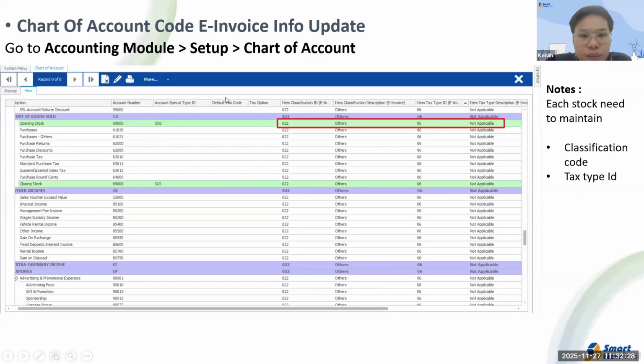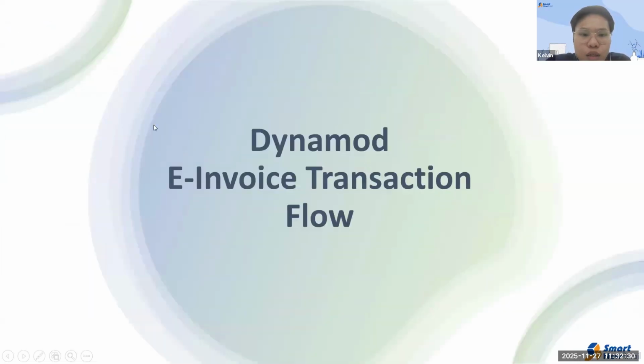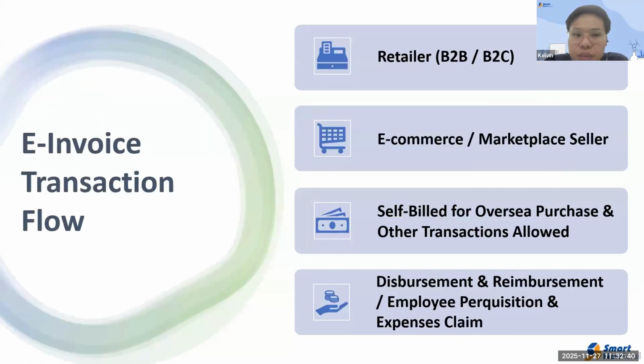So let's go to the main thing: Dynamod e-invoice transaction. How do we submit our transaction through Dynamod? What are the documents you need to submit for e-invoice? Your B2B transactions, B2C transactions, and your e-commerce transactions.